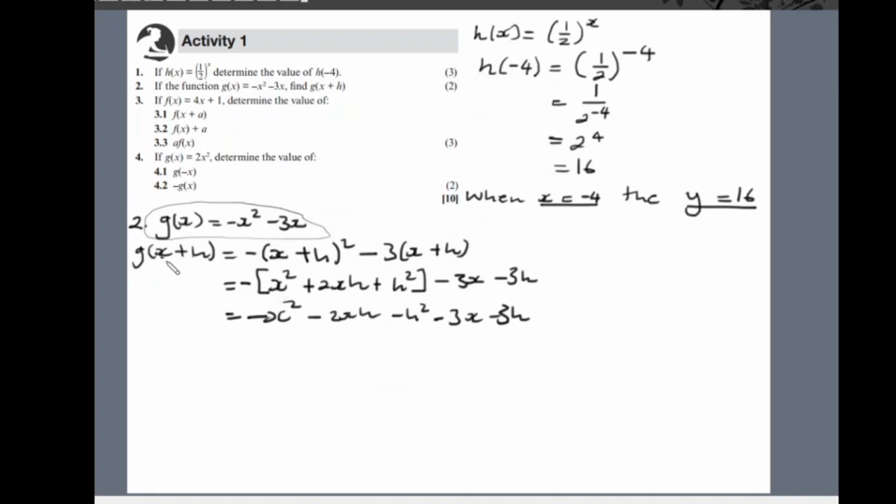In this case, when we're substituting x plus h, we are simply shifting the graph of this function g of x by x plus h units horizontally, either to the left or to the right.